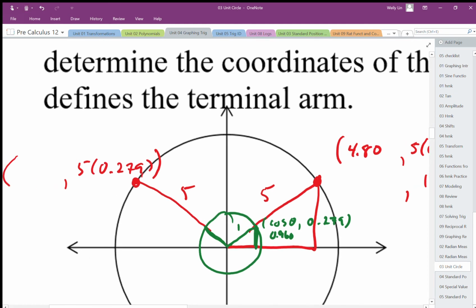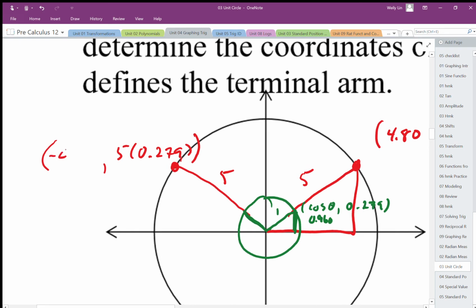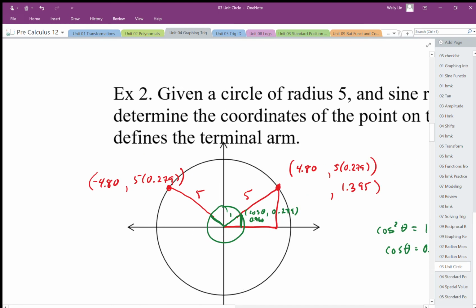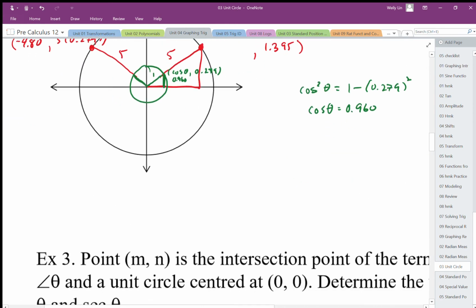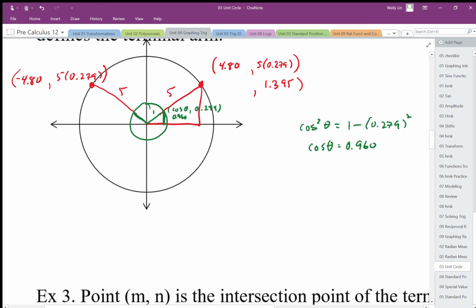And if I look at the symmetry of this, I'm going to get negative 4.80 on this side. So that's giving me those points on the circle of radius 5. And again, the idea is I'm taking that unit circle and using it as a unit rate to find positions on a bigger circle.